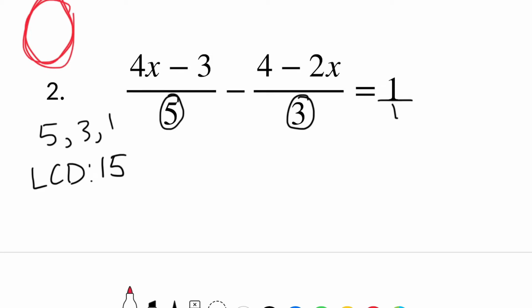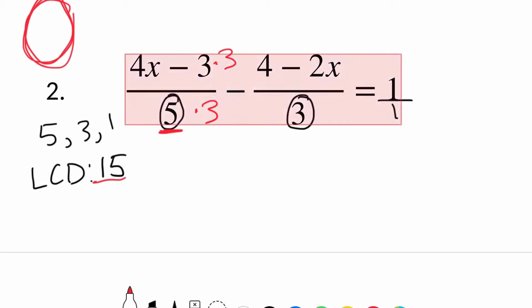So I want to come in here and look to see what do I need to multiply 5 by to get to our LCD. I have to multiply by 3. If I multiply the denominator by 3, I have to multiply the numerator by 3. Same thing with the other fractions.